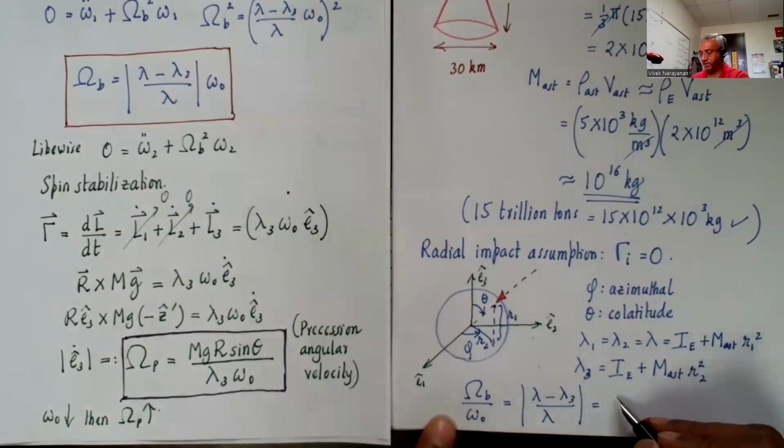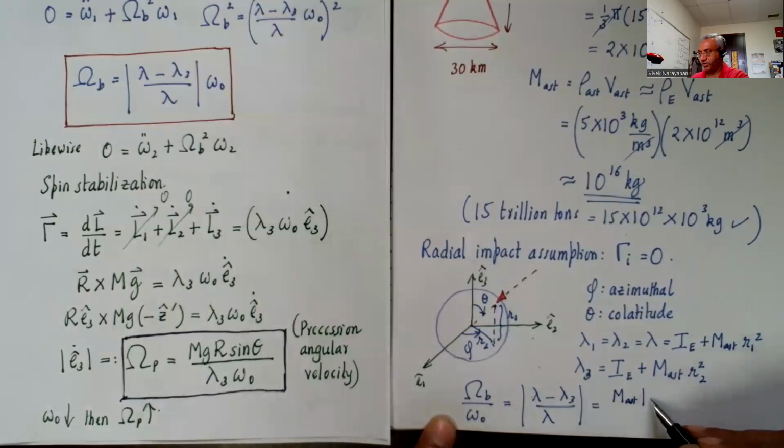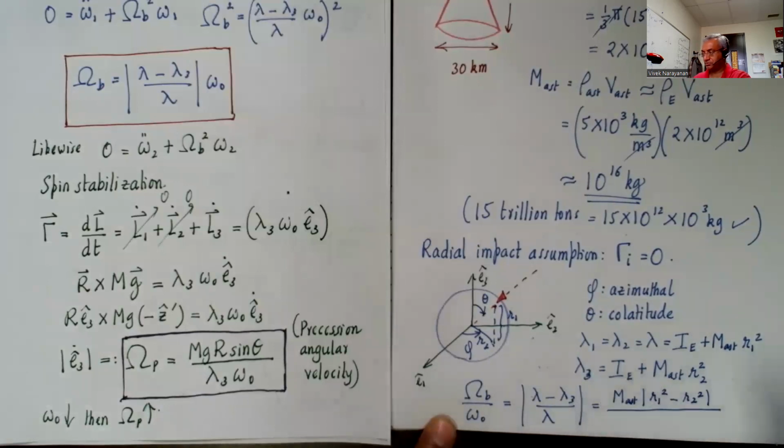So I'm going to just get the mass of the asteroid times r1 squared minus r2 squared. In the denominator, I just have lambda, but if you think about it, the moment of inertia of the Earth is incredibly big compared to the asteroid's contribution. So I'll omit it and write this approximately as just IE.